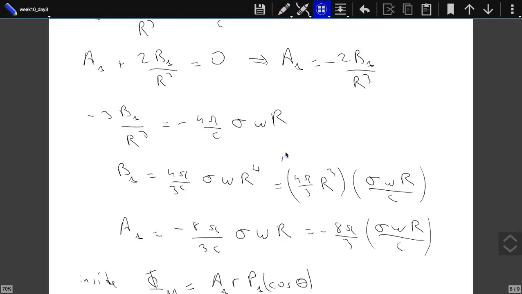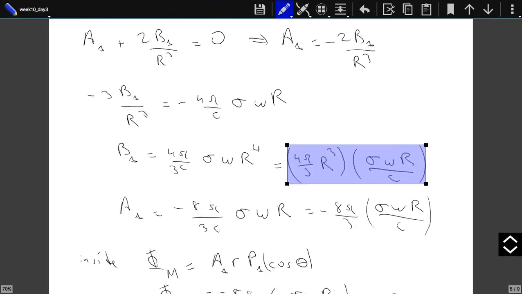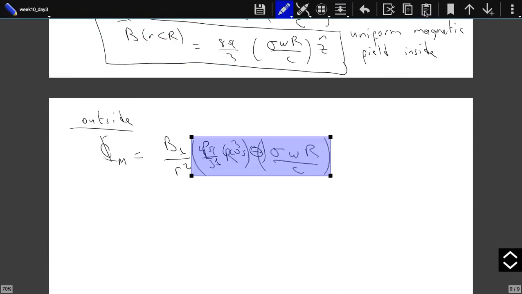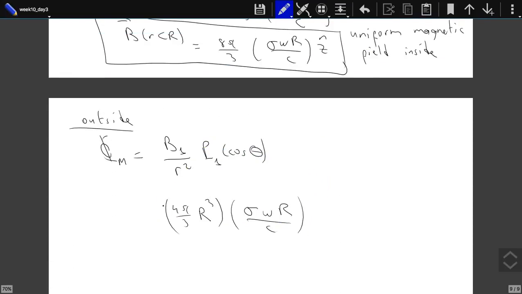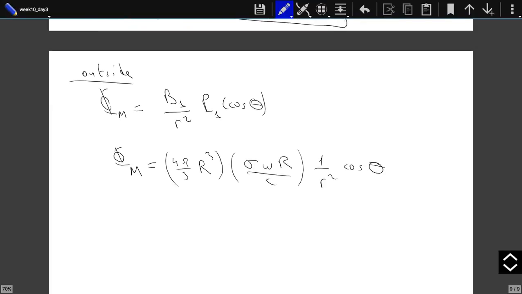Yes, here. This is B1 times 1 over r squared cosine theta. Let me just rewrite it in this form.